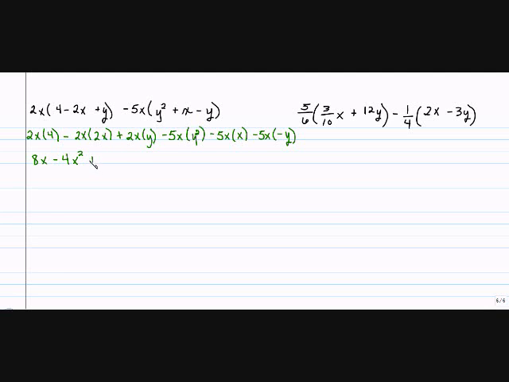Okay, plus 2 times 1 is 2. X times y is xy, minus 5 times 1 is 5. X times y squared is xy squared.